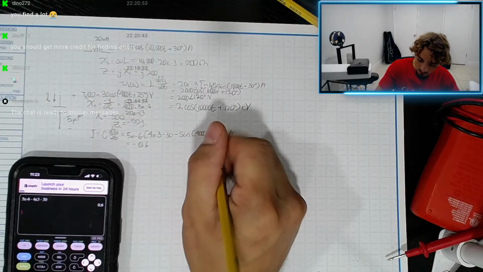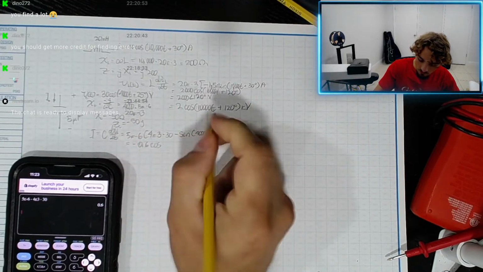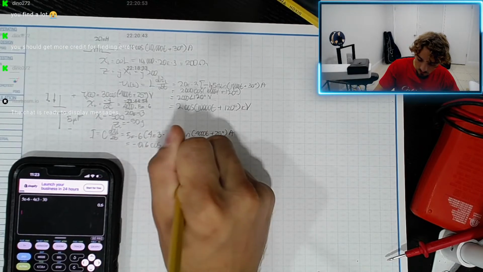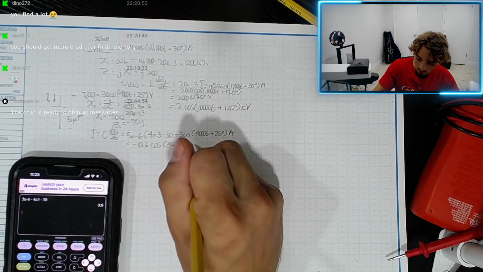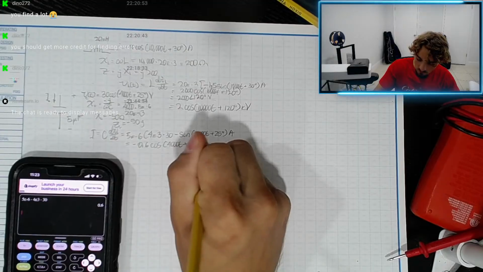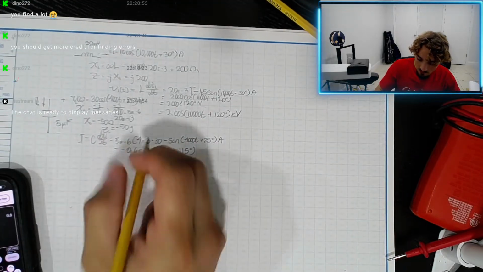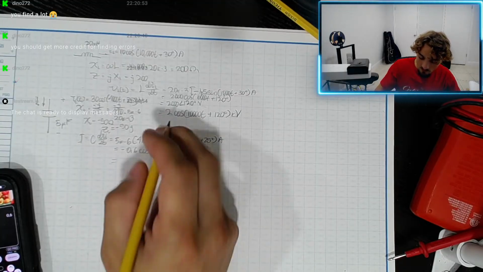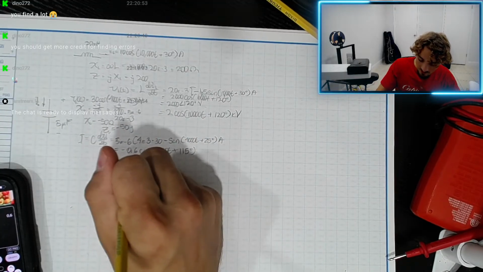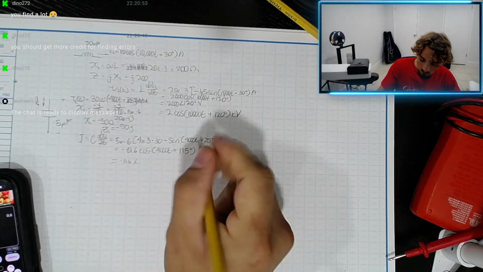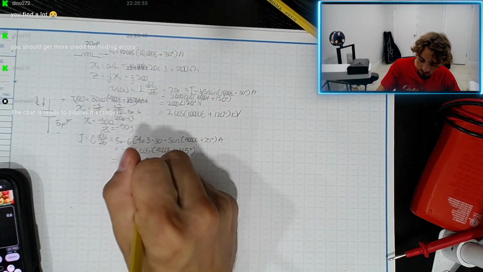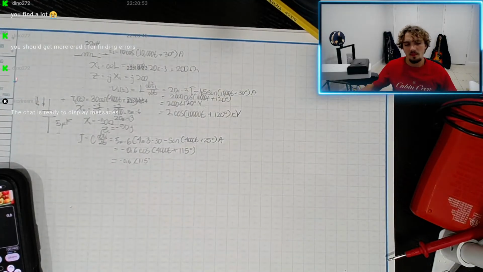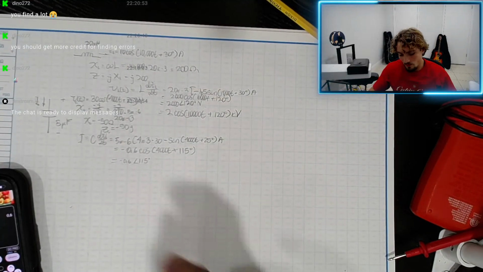So negative cosine 4000 t plus 25 plus 90, 115 degrees. Now to write it in phasor form, this is the time-dependent form. We just need the amplitude and angle, 115 degrees. And let's see, that's correct, although the answer should be positive.